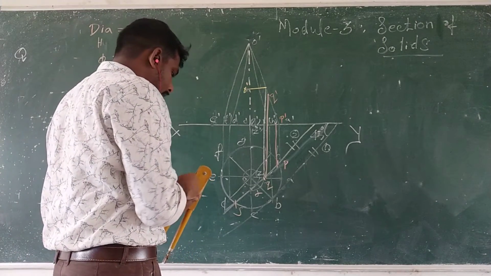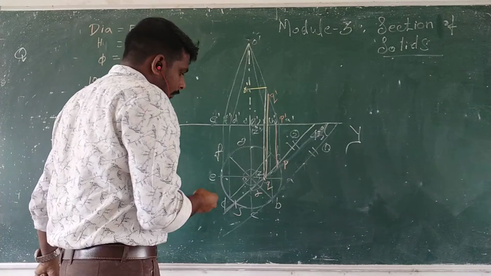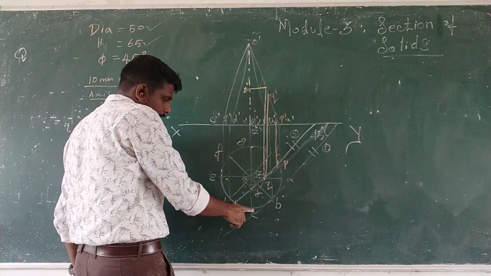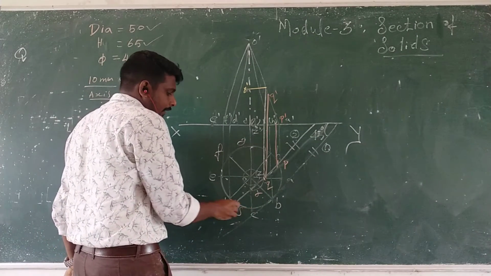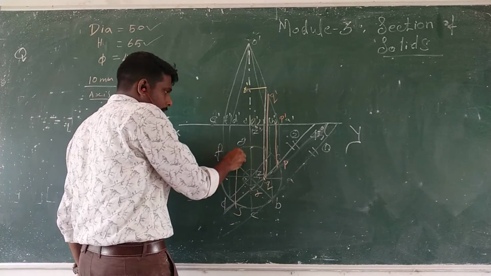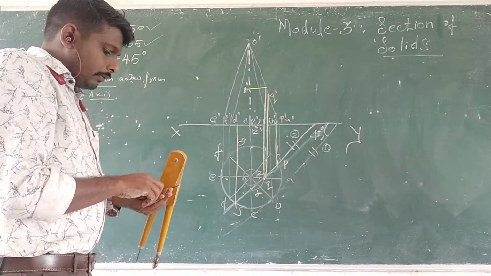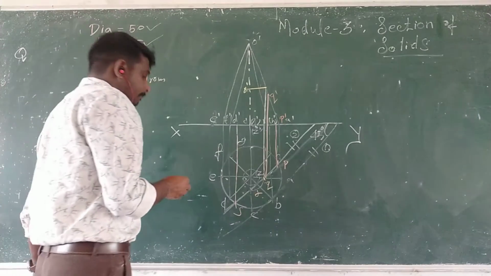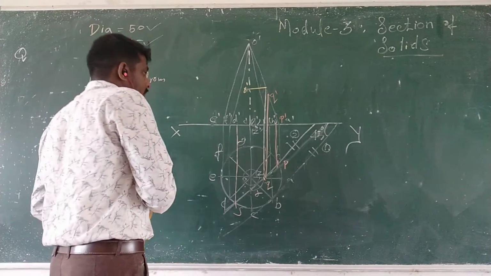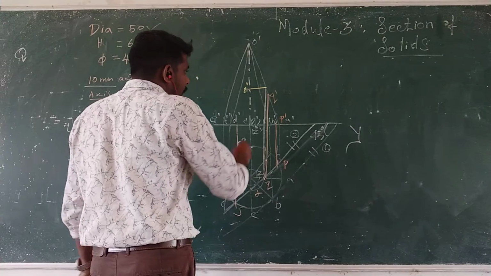Then the next point is easy because it cuts the section in the base C D. So project the point to C D. Clear? Then we can find out the sectional front view.